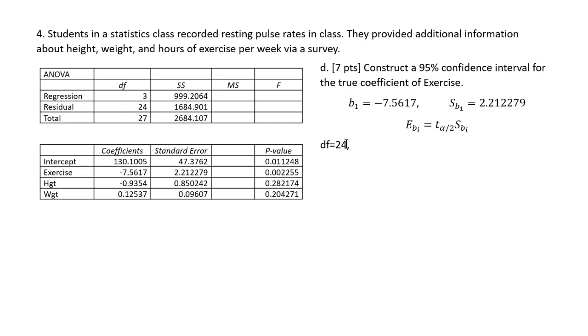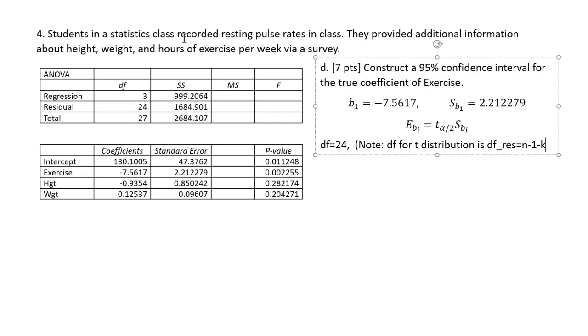Okay, so maybe I should make a note here. Note: the degrees of freedom for the t distribution is the degrees of freedom of the residual, which is equal to n minus 1 minus k, and because k is 3 in our case, right?